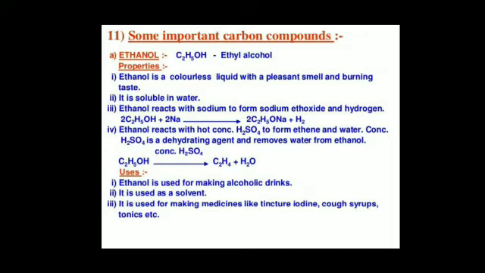The concentrated sulfuric acid can be considered as a dehydrating agent because it removes water from ethanol. So if we talk about the reaction, then C2H5OH, when heated in the presence of concentrated H2SO4, gives rise to the formation of ethene, that is C2H4, and a molecule of water.